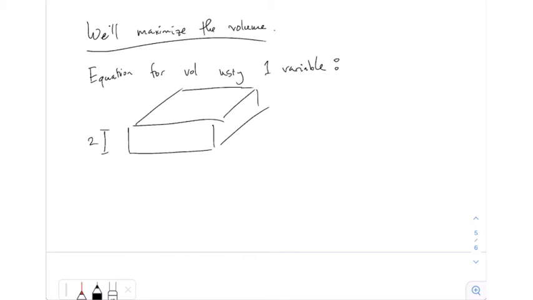The rest of the box has 2 other dimensions, and I didn't say it was going to be a square, so they are just 2 other numbers. For now, let's just call them x and y.